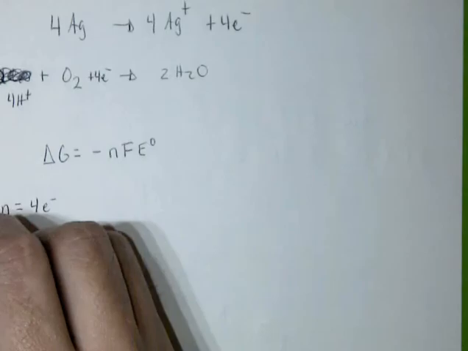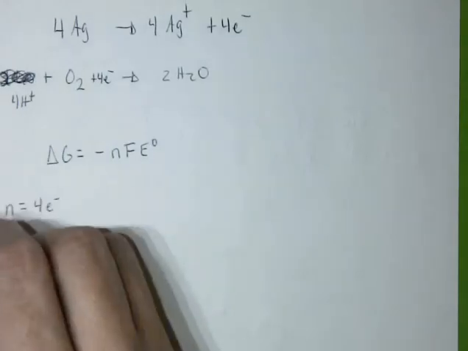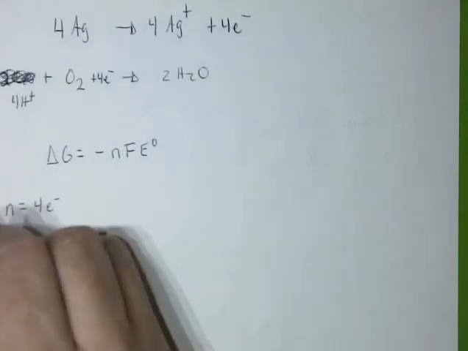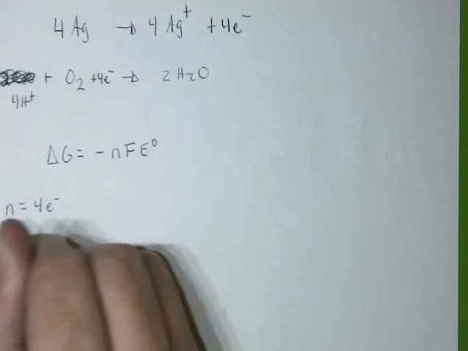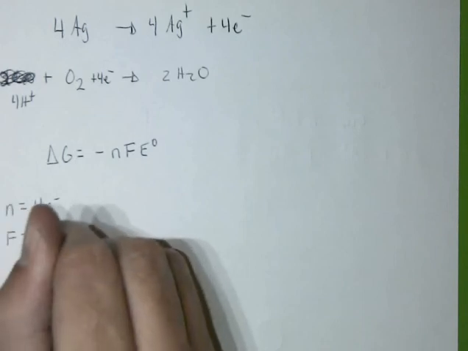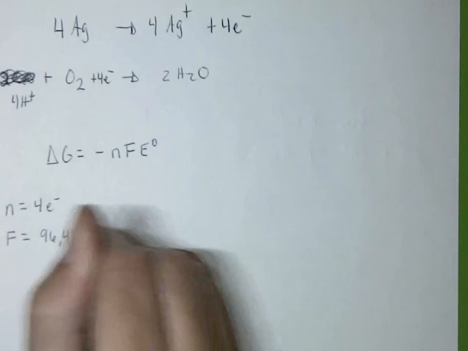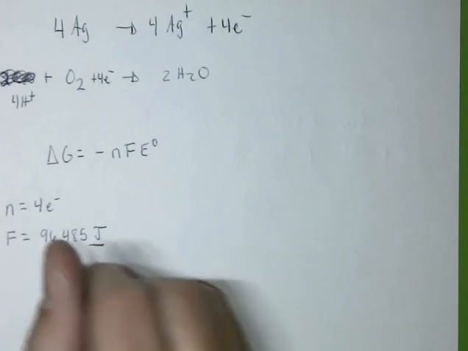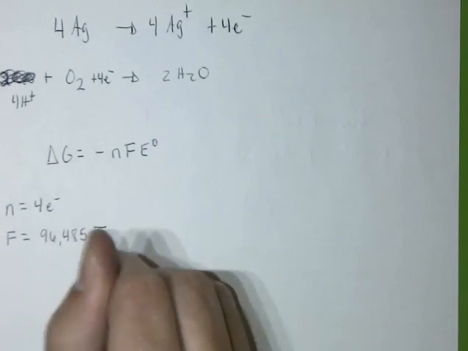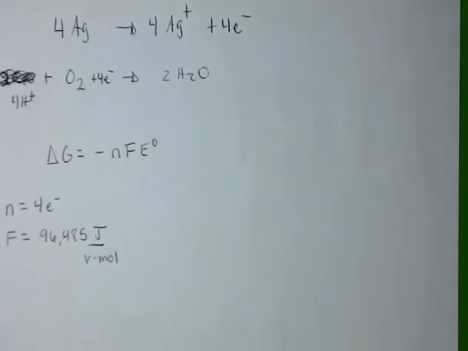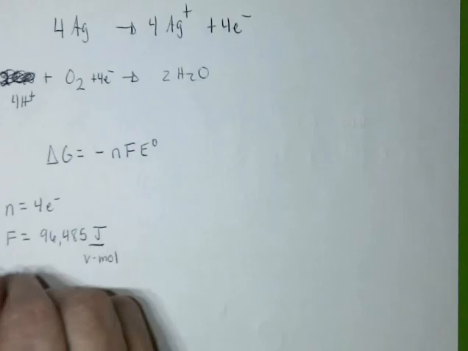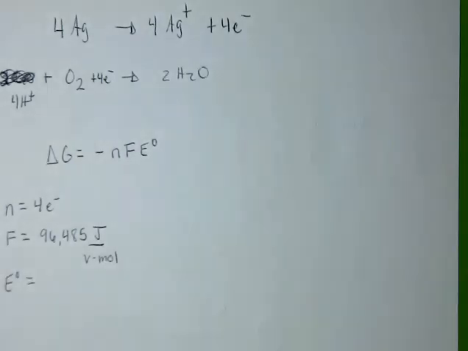Faraday's constant, we also know what that is. In this problem we're going to use 96,485 joules over volts times moles. Then we can find the standard cell potential of this reaction by doing what we have been working with in the past. The standard reduction potential, reduction is gain, and we're dealing with oxygen in this case.